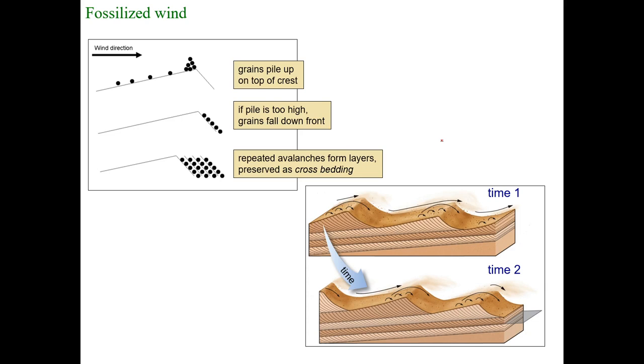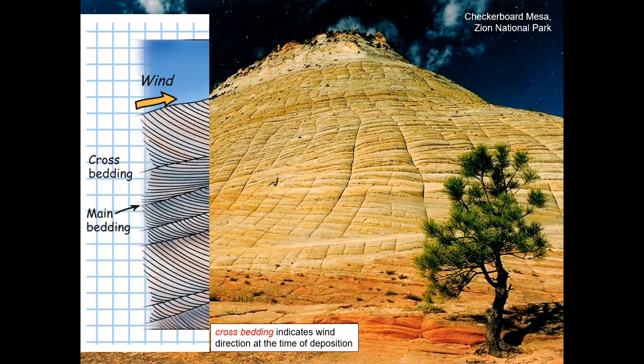So wind direction is preserved this way. You'll get this thing called cross bedding. It's a little bit hard to see in this image, but you might see faint, subtle lines that are going at an angle to the main bedding planes. Here are the bedding planes, and you can see lines going like that.